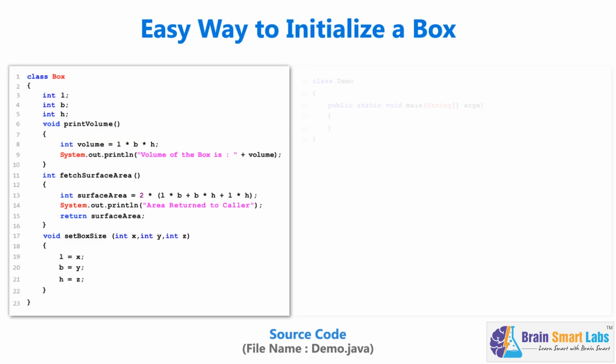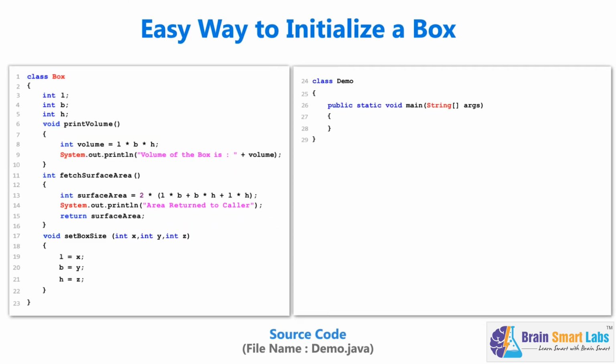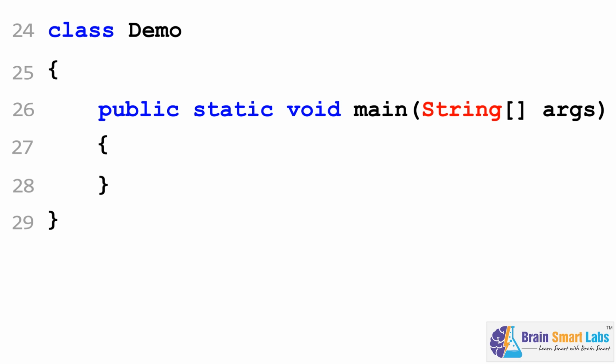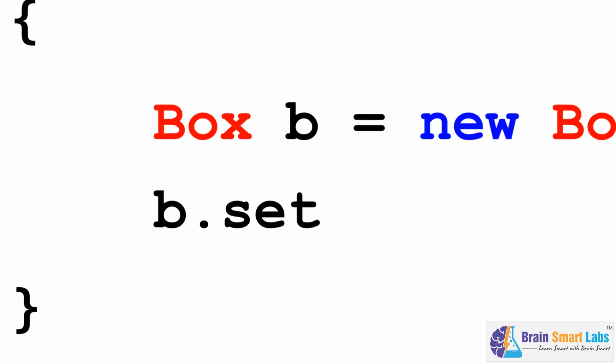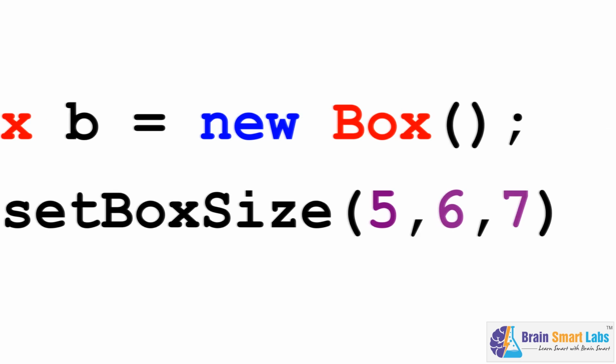After declaring a new method inside the box template, just go to your main method and start typing the code as Box B equal to new Box. Now to set the dimensions of the above box object, just invoke the method setBoxSize by typing b.setBoxSize(5, 6, 7).